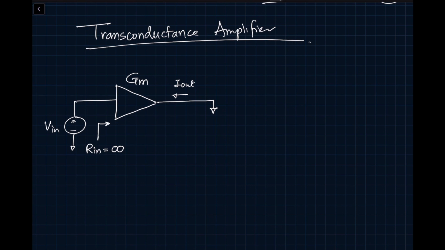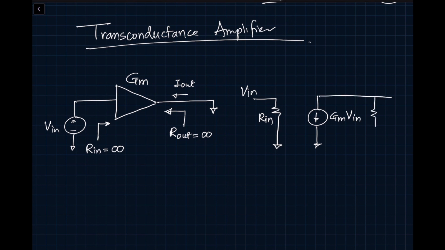And we have output current, which is I out. So we would like to see here, since it's a current source, R out equal to infinity also. And the realistic model of this is going to look like this. We have seen this before when we talked about MOSFET transistors, right? MOSFET transistor looks like a transconductance amplifier where we have R in, which is infinity, and R out, we would like to have it as high as possible.